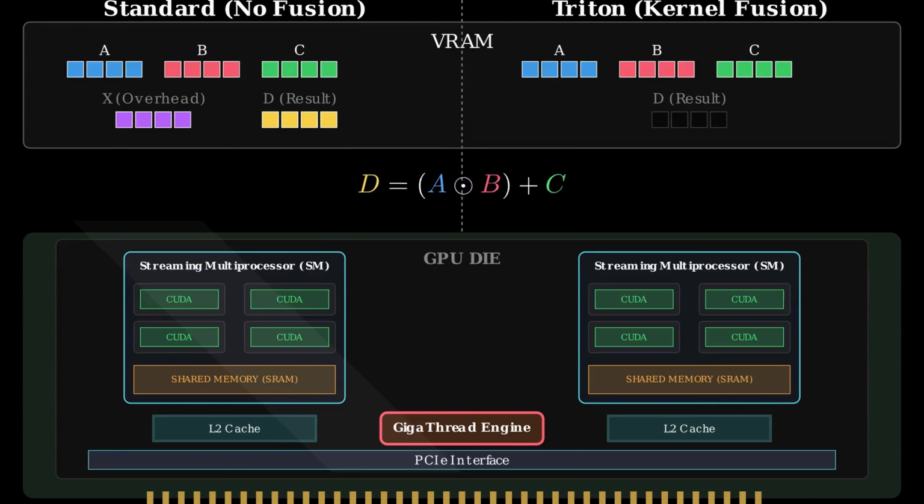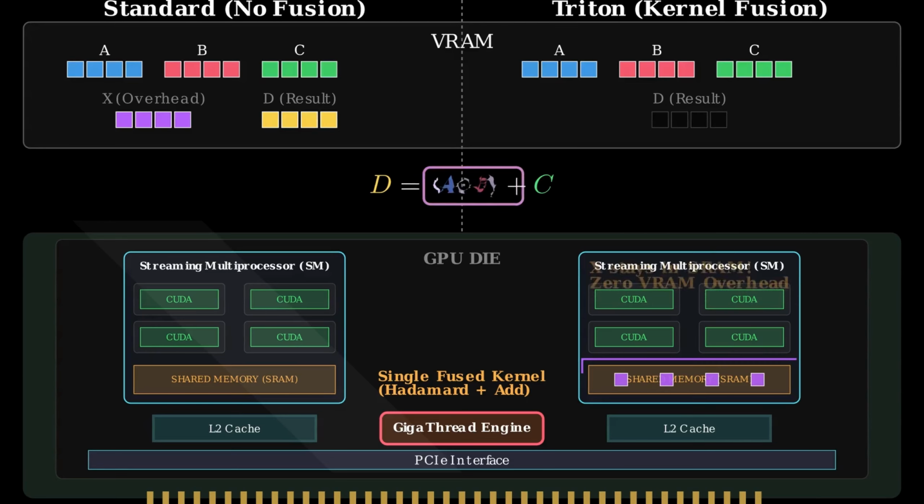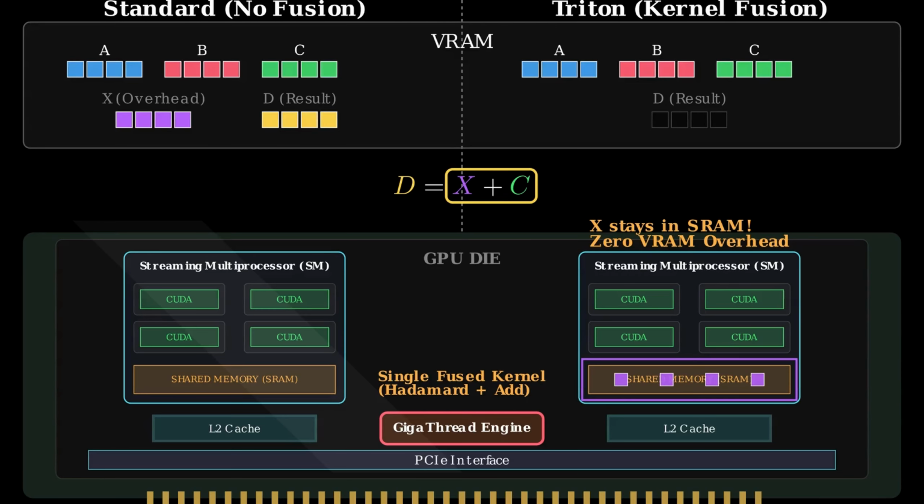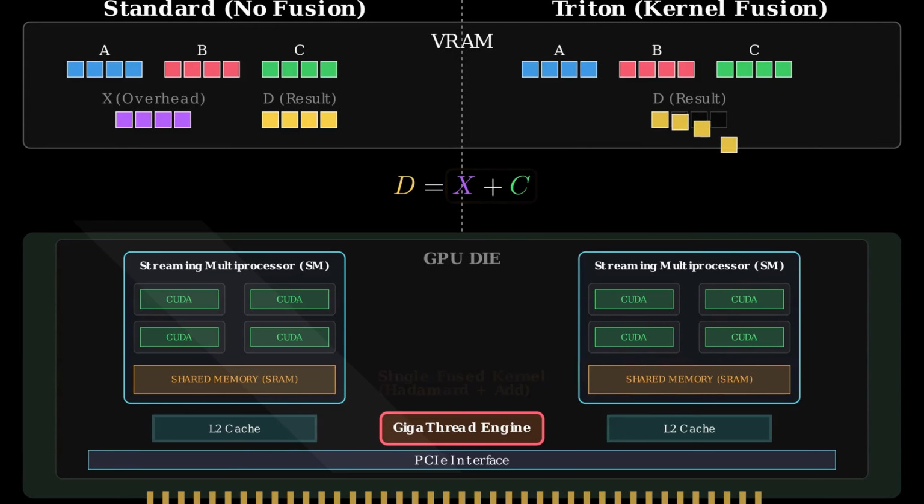Now, let's look at Triton. Here we use a single fused kernel. Just like before, A and B are thrown into the shared memory, and the 4 CUDA cores perform the element-wise product. But this time, the result stays in the shared memory. Vector C is also brought into the shared memory, and the 4 CUDA cores perform the addition immediately. Only the final result is sent to the VRAM.